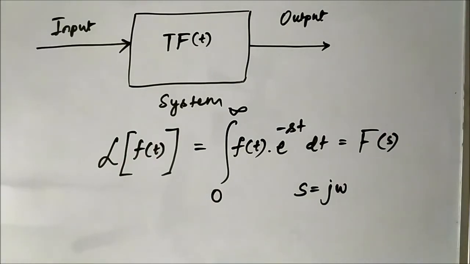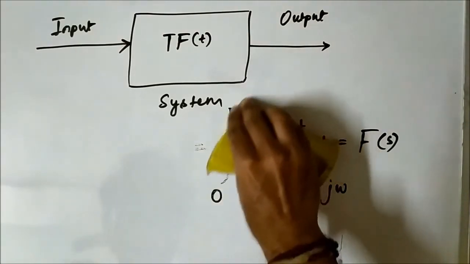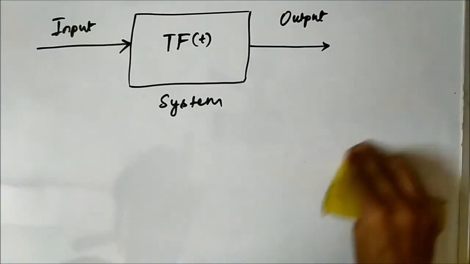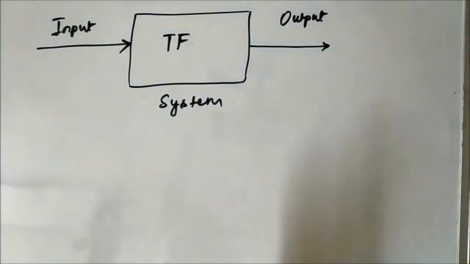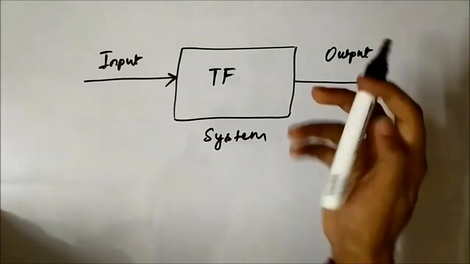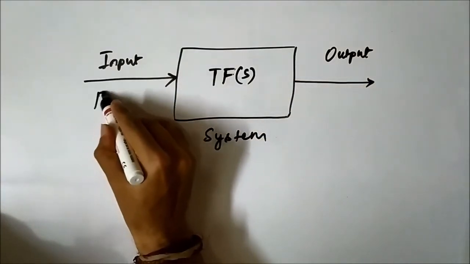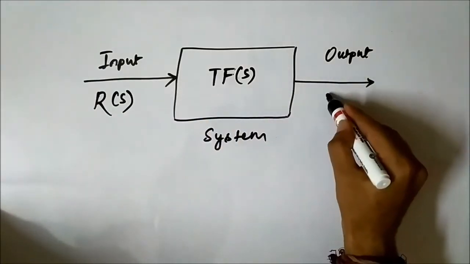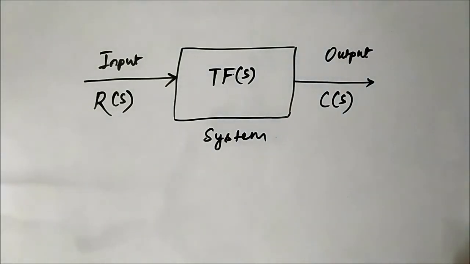So in control systems, this Laplace transform is used to represent the input, the output and the transfer function of the system. Here the transfer function would be represented in S domain, the input will be represented in S domain, capital R(s), and the output will also be represented in S domain, C(s).